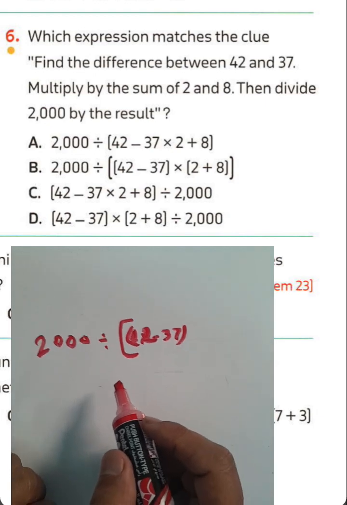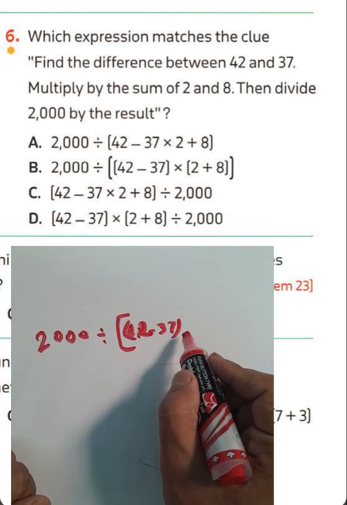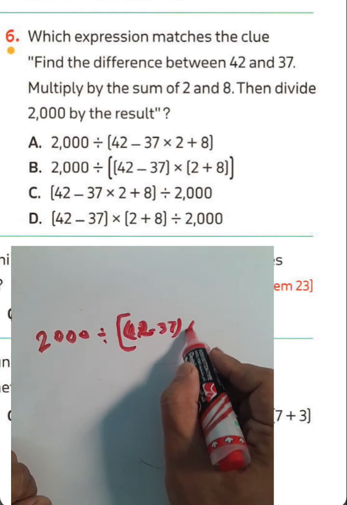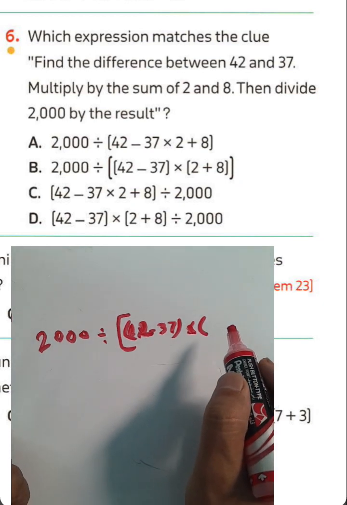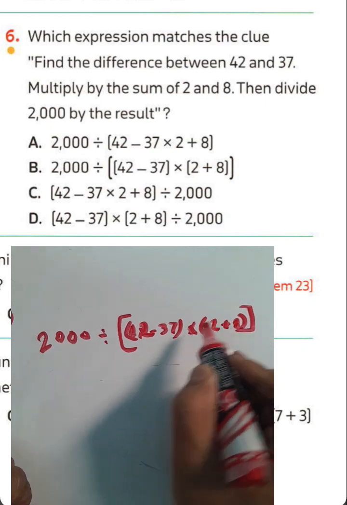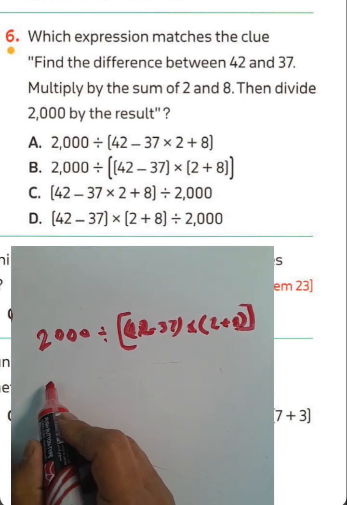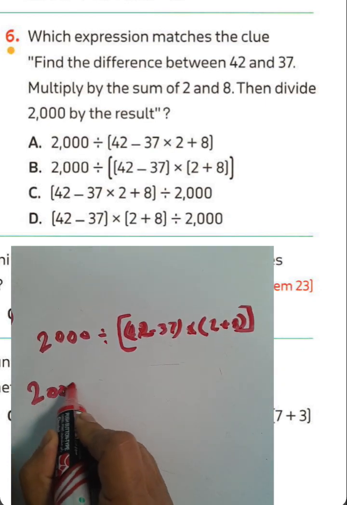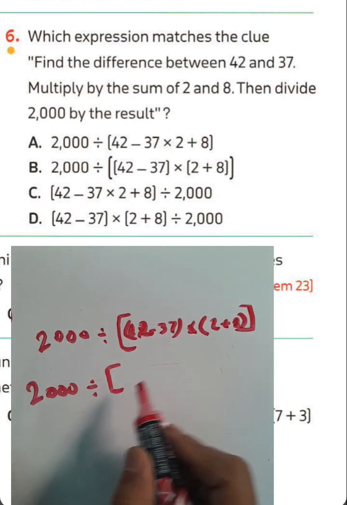Here the product, multiply by the sum of 2 and 8. Again, 2000 divided by the result of this expression.